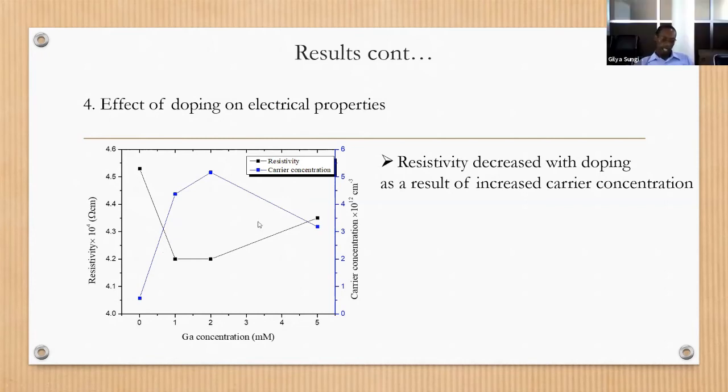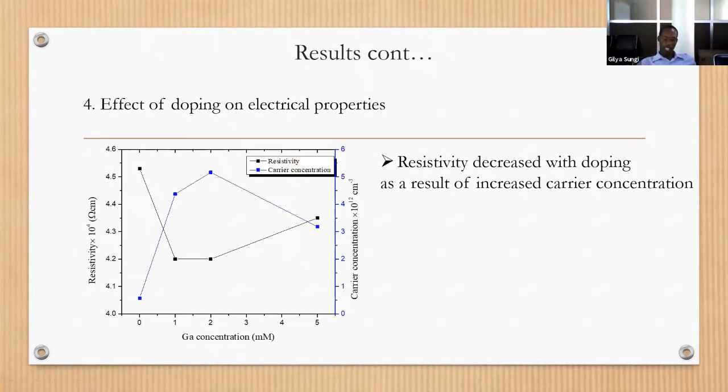And the resistivity of the prepared film decreased with an increase in gallium concentration, and on further increasing the concentration of gallium dopant, the resistivity increases.